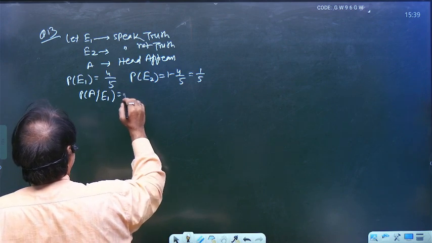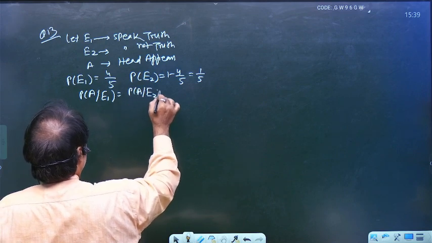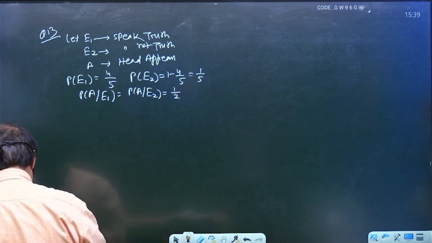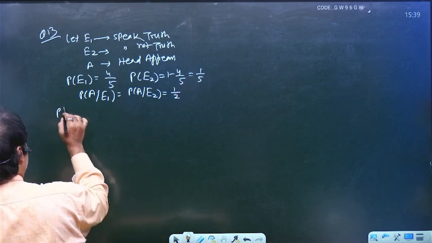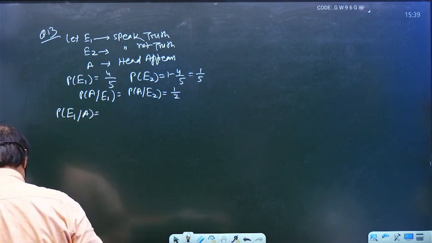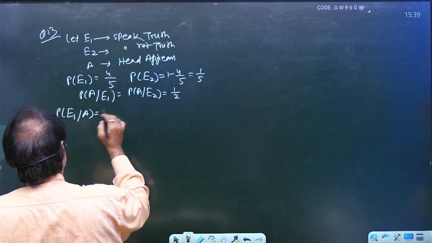So probability of A by E1 and probability of A by E2, in both the situations it will come 1 by 2. Okay, it will be 1 by 2. So we have to find probability of E1 by A, and now apply the Bayes theorem. Okay, apply the Bayes theorem, you will get your answer.